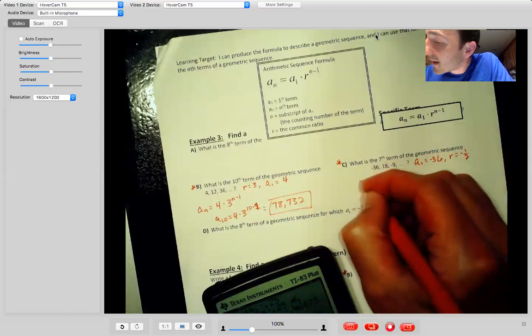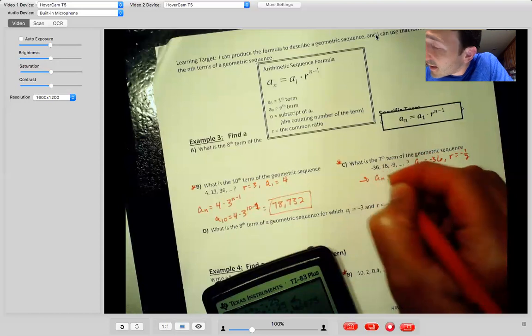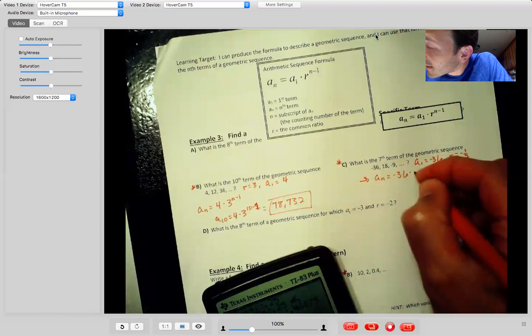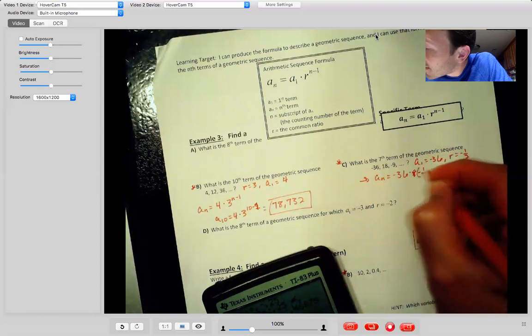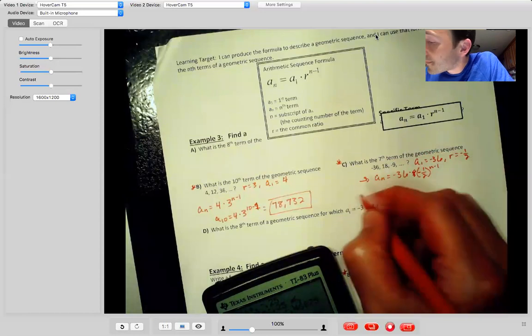So my explicit formula is a sub n equals negative 36 times, we know r, negative 1/2 to the power of n minus 1.